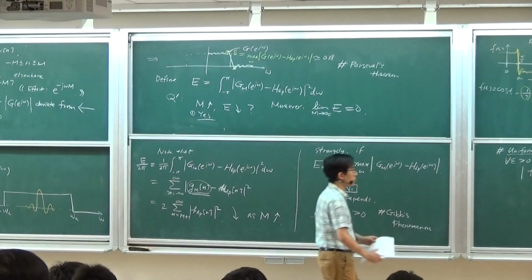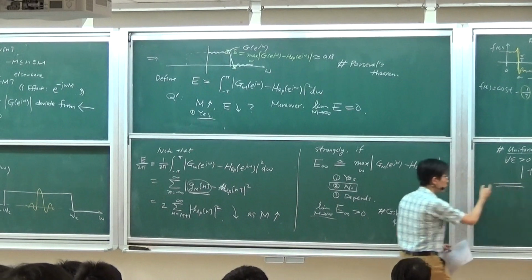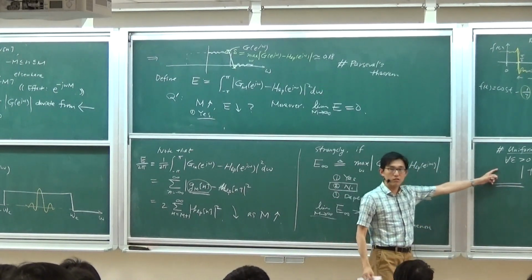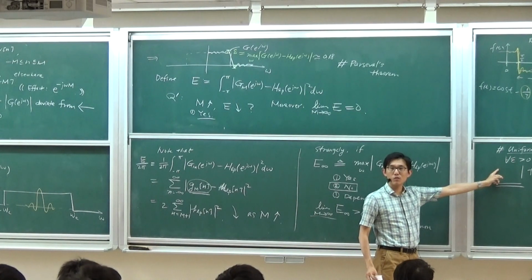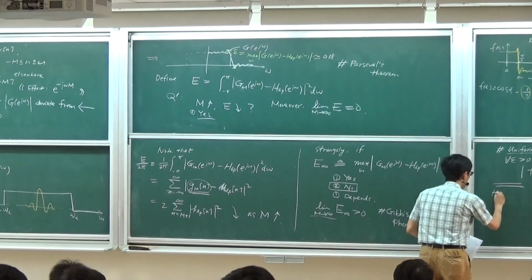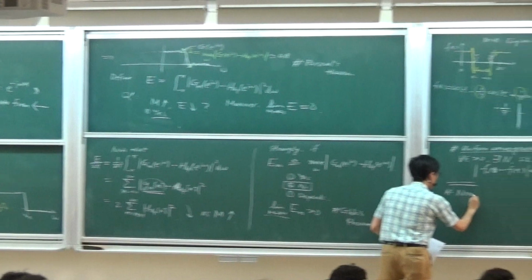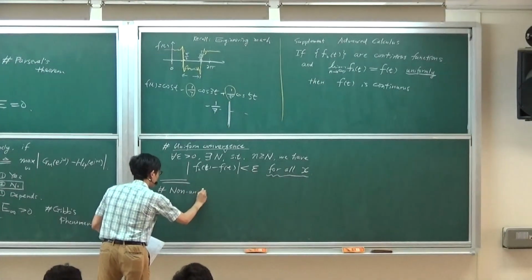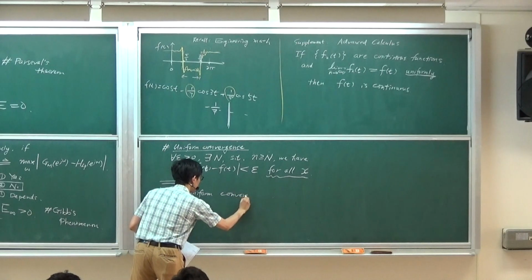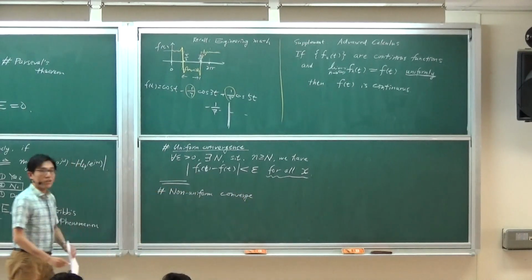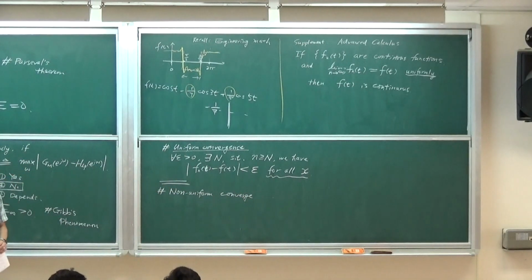So how do we say that the convergence is not uniform? Let's try to find the logical definition of non-uniform convergence. It is the opposite of uniform convergence.